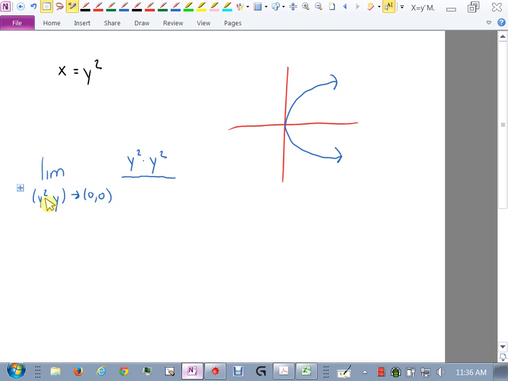It's this thing squared, so it's y to the 4th, plus y to the 4th again. Isn't this all just y to the 4th over 2y to the 4th? Which is going to give us a limit that's going to be what? 1/2. That's not 0. Therefore, this limit does not exist.